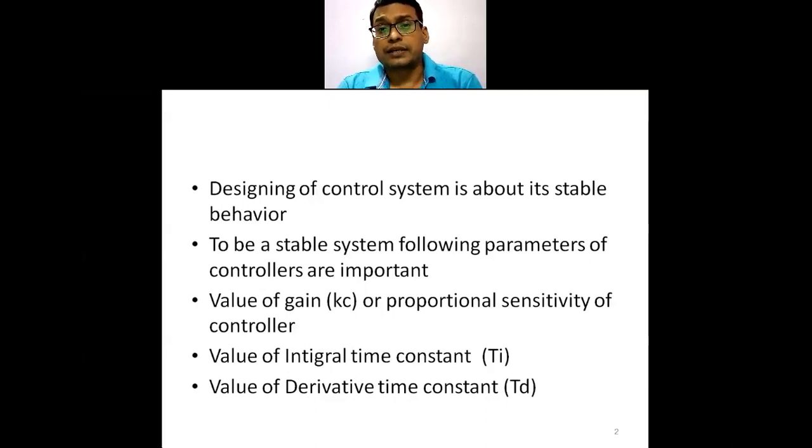So to be a stable system, you are required to properly give the values related to the gain, that is nothing but the proportional sensitivity Kc, the value for the integral time constant, and the value for the derivative time constant.